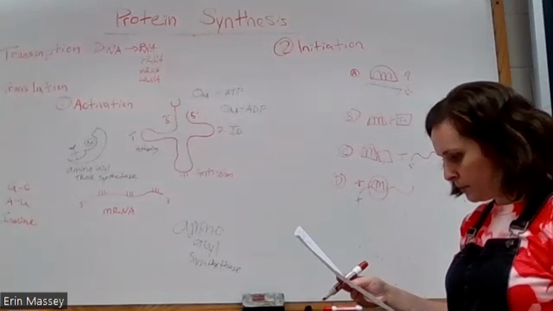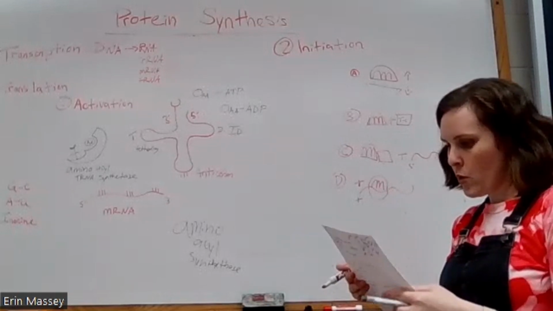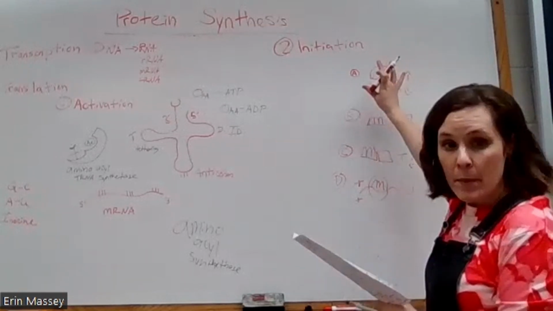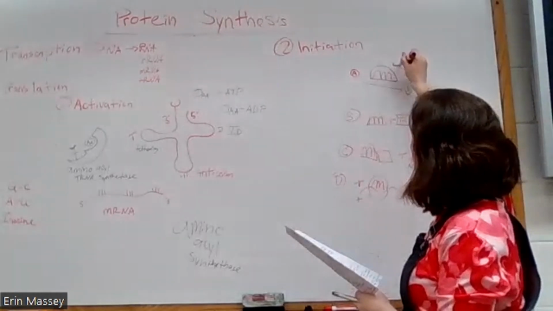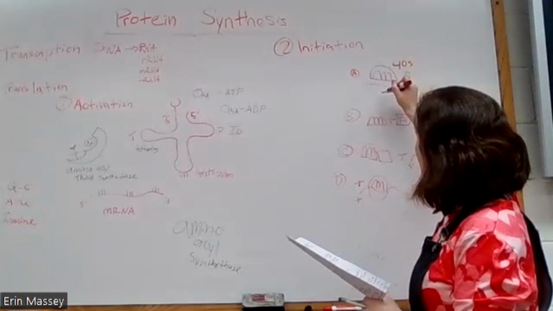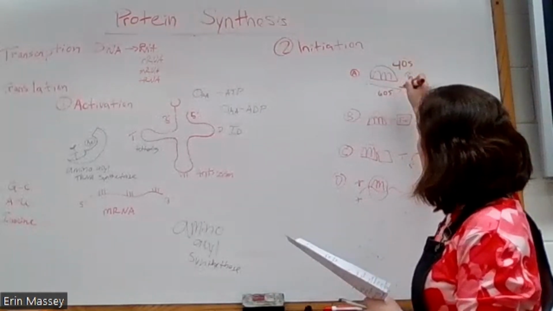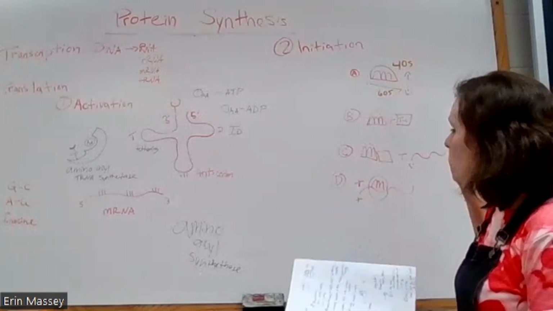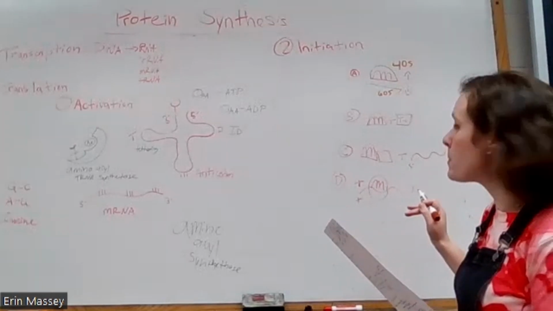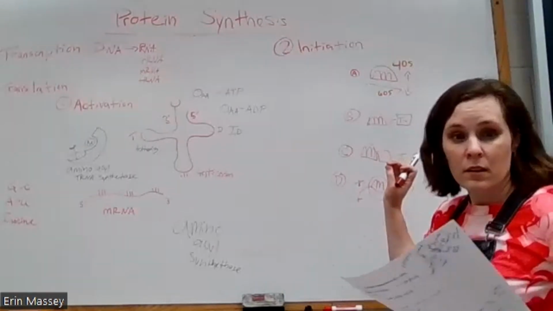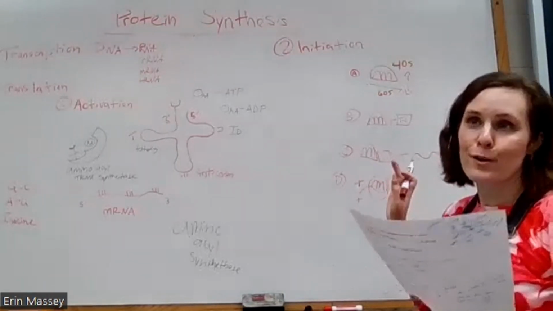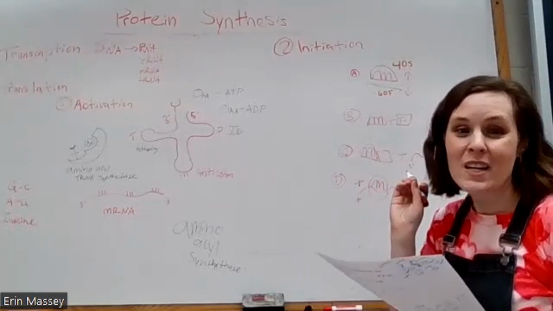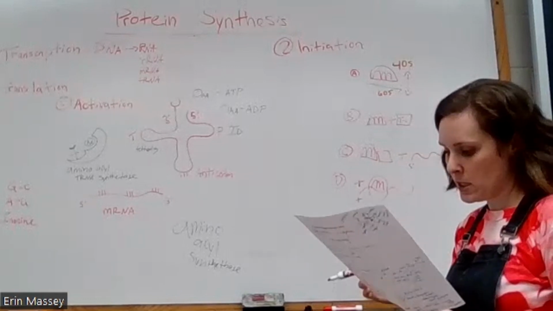So dissociation is when the subunits of your ribosome, we'll call this 40S and 60S, measured that way for a reason. 40S and 60S are different subunits of the ribosome. They need to be disconnected, separate parts to be able to actually initiate protein synthesis.